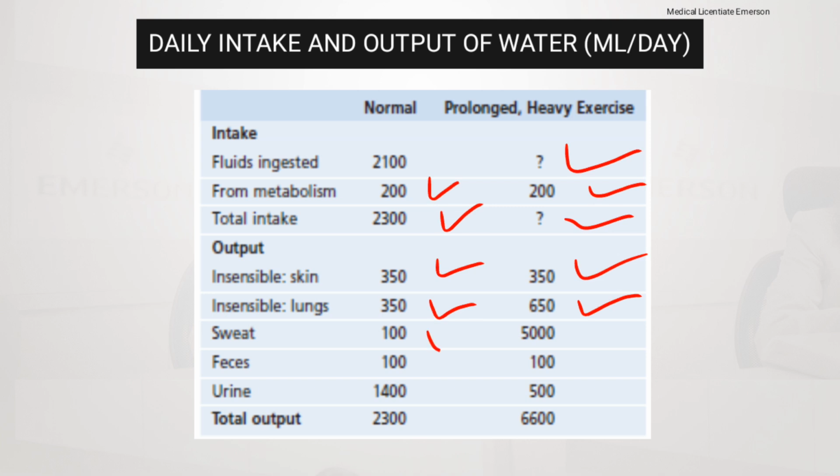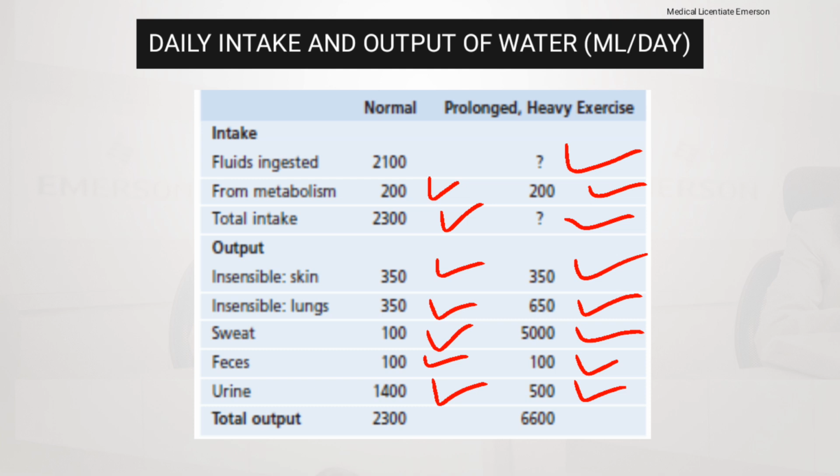Then from sweat, it's normally 100 mils per day, and on prolonged heavy exercise it's 5000 mils per day. Then from feces, it's 100 mils, and on prolonged heavy exercise it still remains 100. Then urine excretion on a normal day is 1400, but on prolonged heavy exercise it is about 500 mils per day.